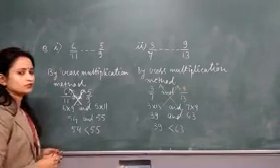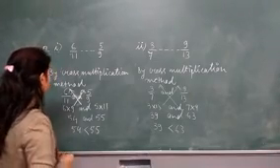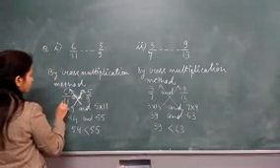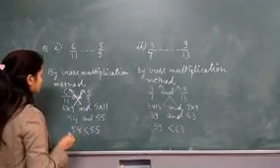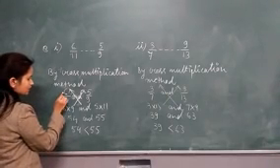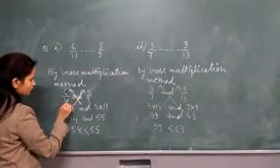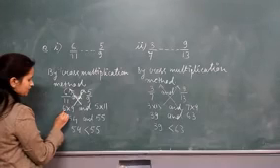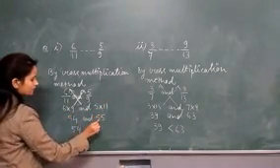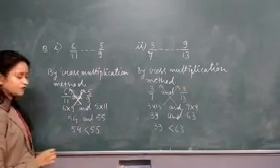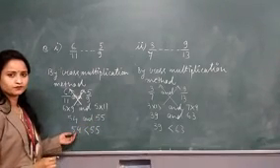First of all we will solve the given fractions by applying the cross multiplication method. 6 upon 11 and 5 upon 9. By cross multiplication method, 6 into 9 and 5 into 11. 6 9s are 54 and 5 11s are 55. We can see here 54 is less than 55.